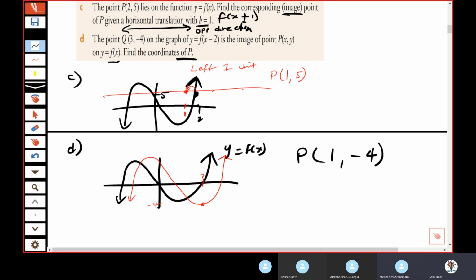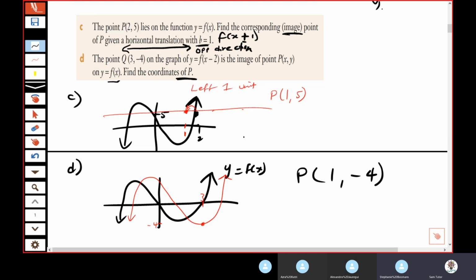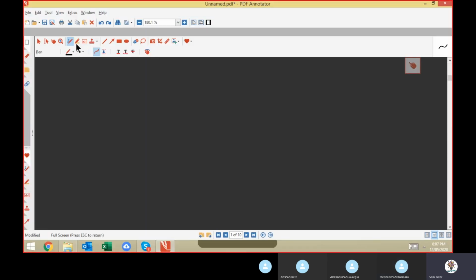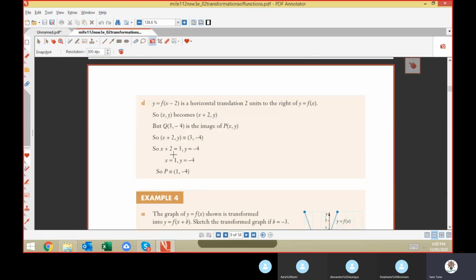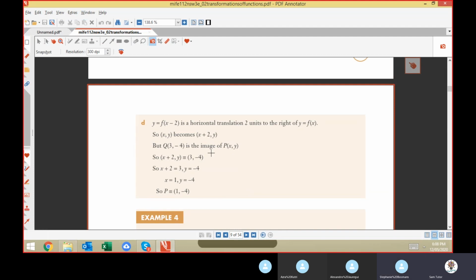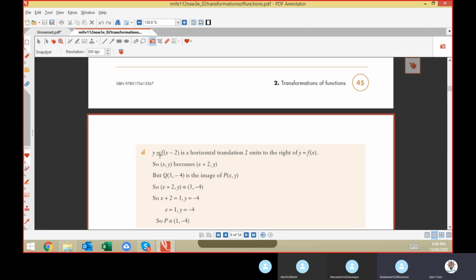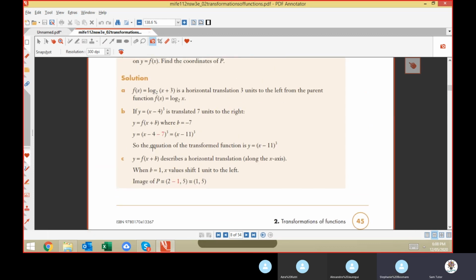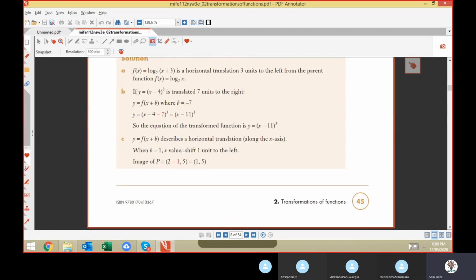Yeah, she did some visual stuff as well, but what I remember is doing it from the formula, which wasn't bad. Look, the formulas are here, but I haven't seen many students actually remember this stuff. So the idea is, if it's a horizontal translation and you're going backwards, then it's x plus 2. This one, for C, it's just different.